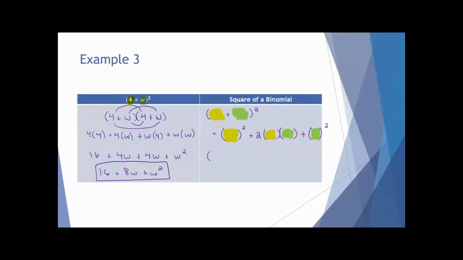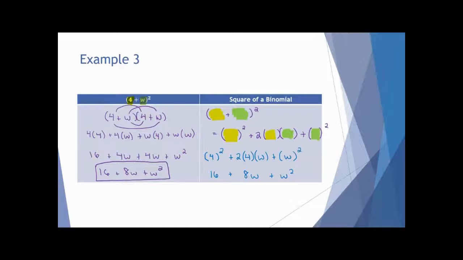So I get the yellow squared, so that's going to be 4 squared, plus 2 times the yellow, which is 4, times the green, which is w, and then plus the green squared, so that's w squared. And so then I simplify. 4 squared is 16. In the middle, I have 2 times 4, which is 8w, and then w squared. So again, I get the same answer.